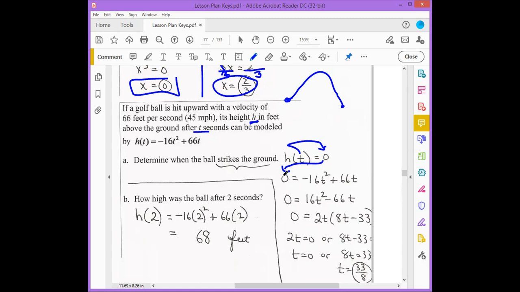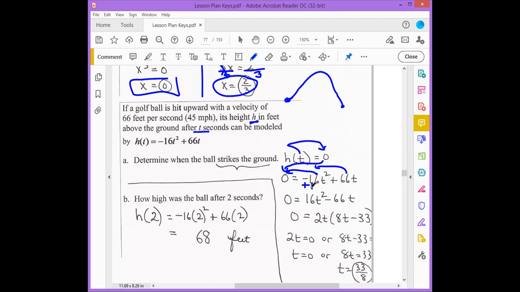So we take that right side of our function, that negative 16t squared plus 66t, and we're going to move both of our terms to the opposite side of the equal sign so that we can have a positive number as our leading coefficient.